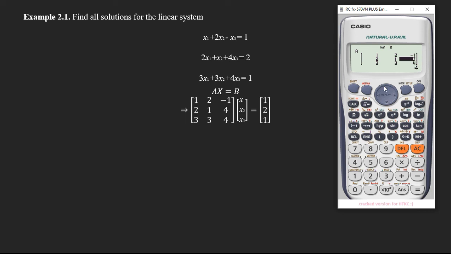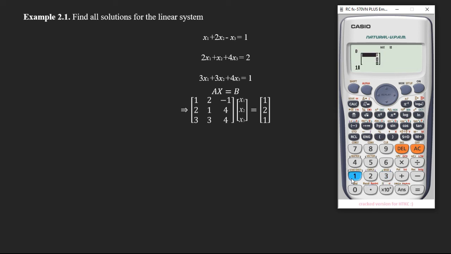If you have made a mistake, you can go to any entry by using the arrows and change it. After assigning the matrix to the calculator, press the AC button. Now we need to enter matrix B, so I will press shift, then 1 for dimension, and 2 for matrix B. Matrix B is 3 cross 1, so I will press 3 for a 3 cross 1 matrix.